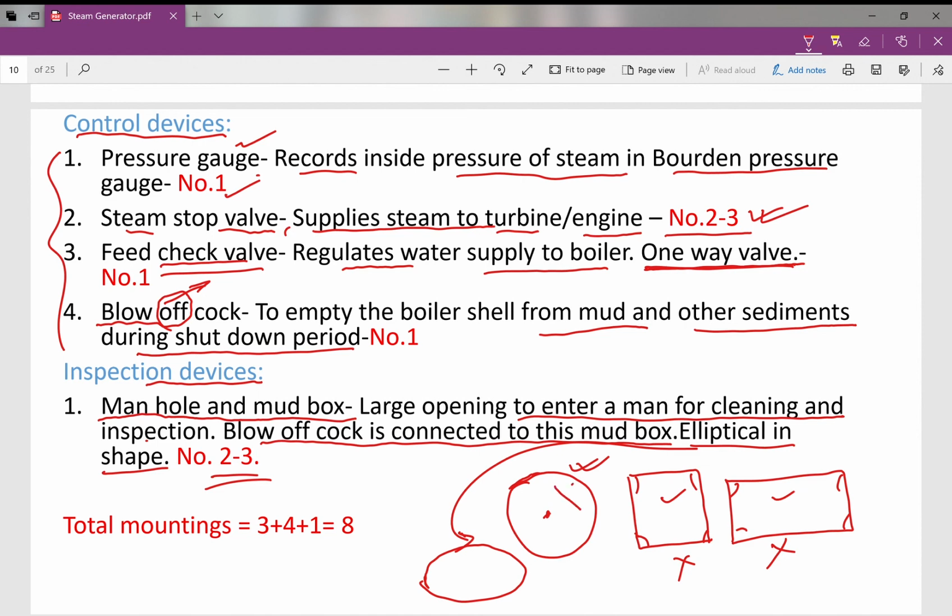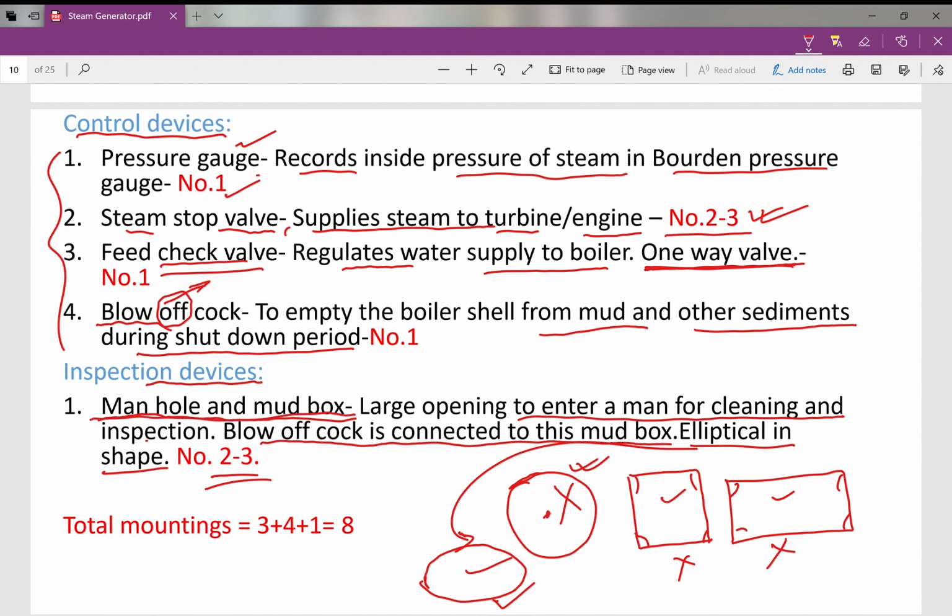Hence this option is also not correct, and hence the elliptical shape is given for this manhole and mud box.